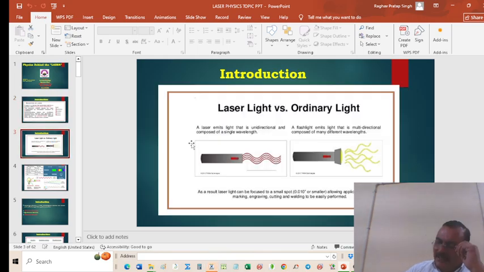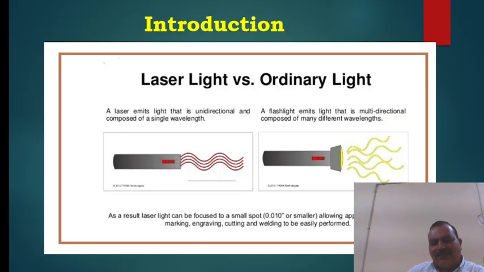if I have to differentiate between the laser light versus ordinary light, then we will see in the diagram that this is an ordinary light torch, and it emits light that is multi-directional, composed of many different wavelengths, right? And these emitted waves are not in phase with each other.